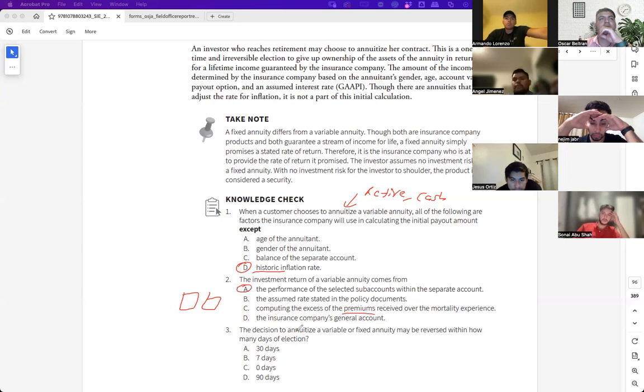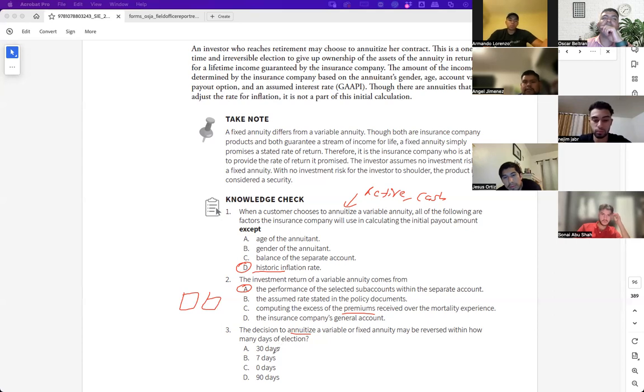I would say A. All right, so three, the decision to annuitize a variable or fixed annuity may be reversed within how many days? This sounds like a trick question, right? Isn't it A, 30 days?